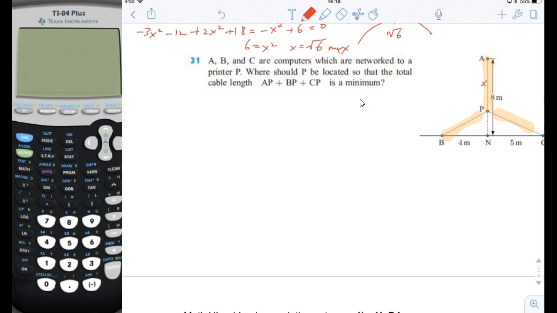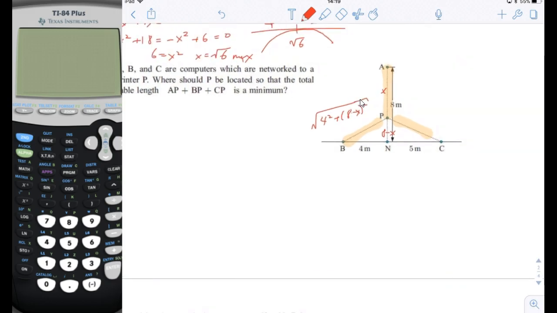So if this is X, then PN would be 8 minus X, right? 8 minus X. And then we can figure out BP using Pythagorean's theorem, right? It would be square root of 4 squared plus 8 minus X squared. And then PC would also be similar.